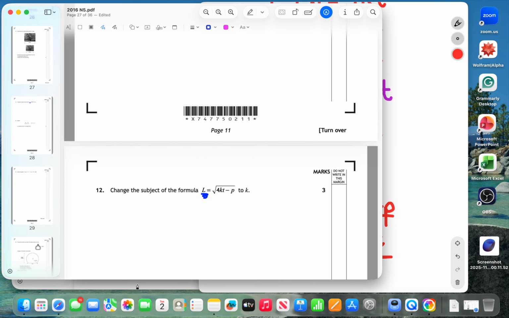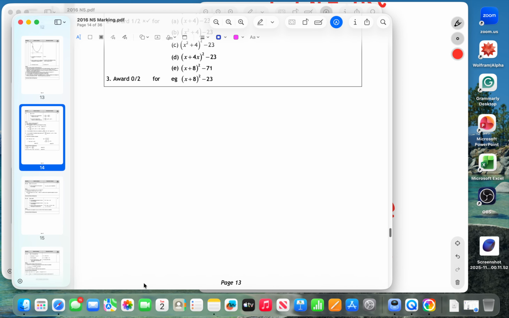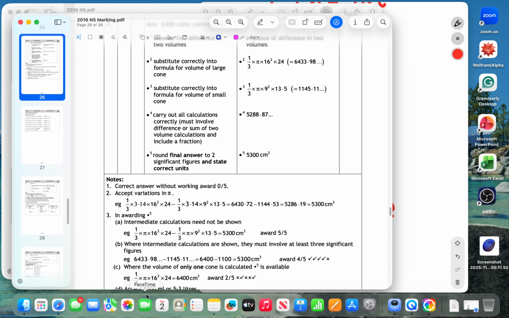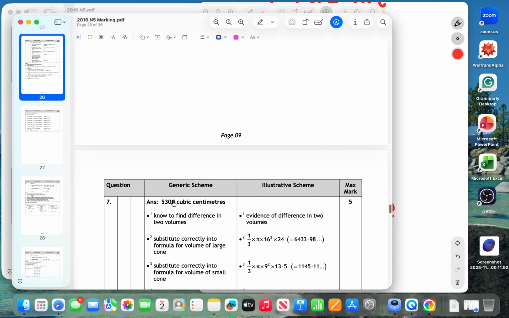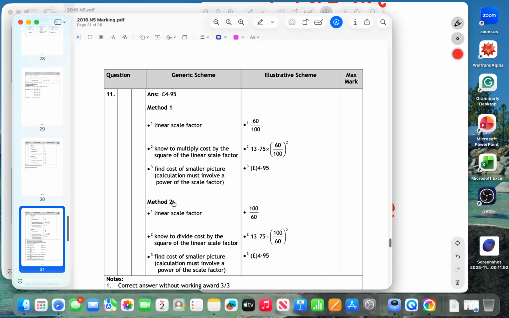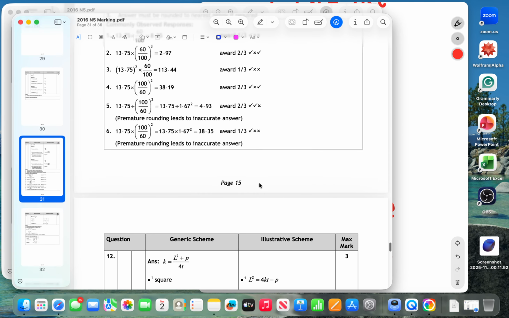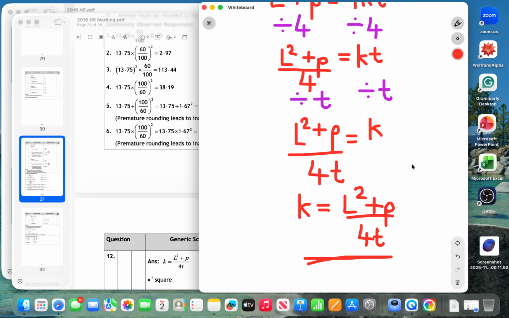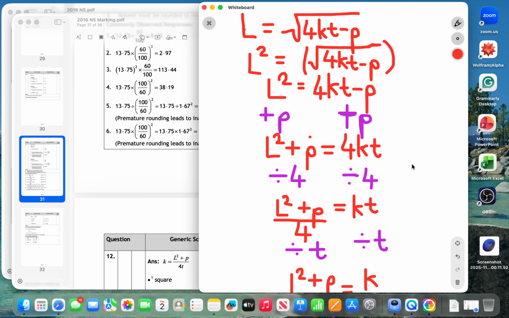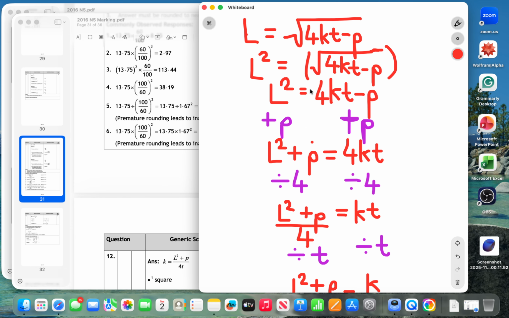Let's have a look at how the SQA would mark this question. You get a mark for each of the operations. The first one would be for getting rid of the square root up to this point.